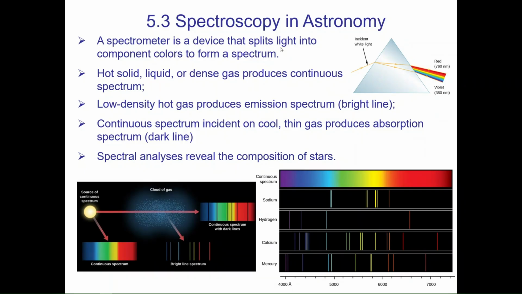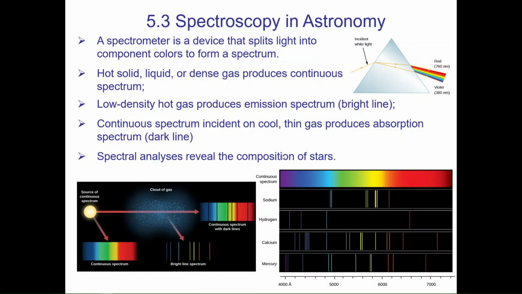A spectrometer is a device that helps us split light into its component colors to form a spectrum. Just like a prism, or like the rainbow. The rainbow is also formed by raindrops, or water drops in the atmosphere, acting as a spectrometer to split the sunlight into its component colors.